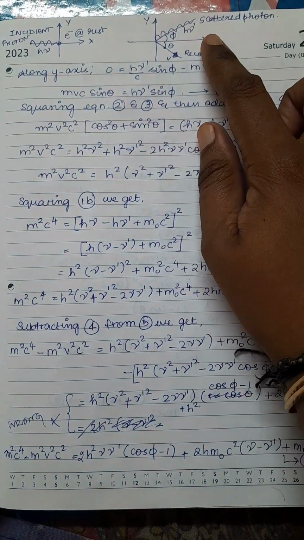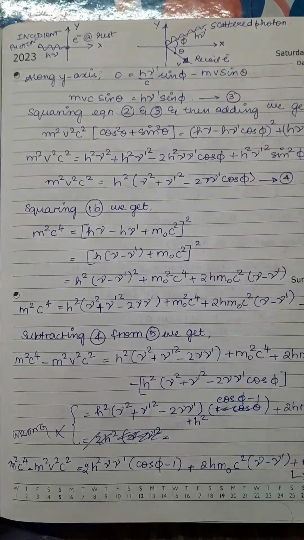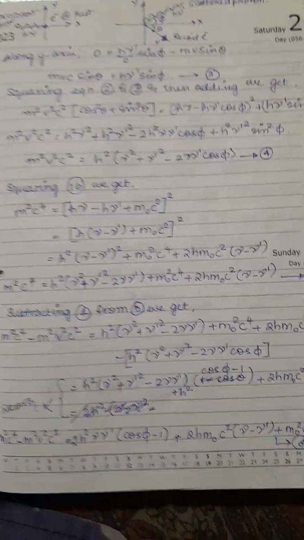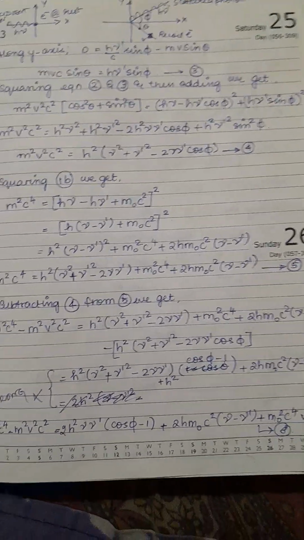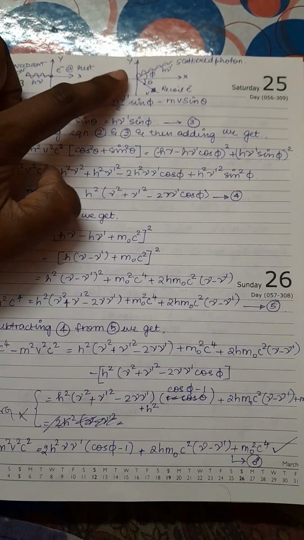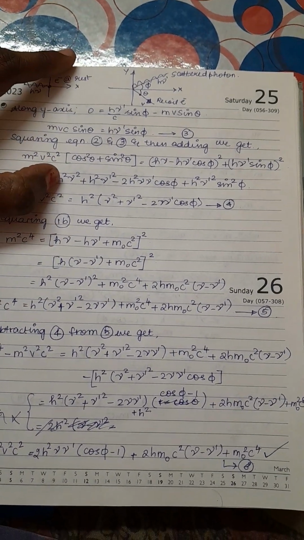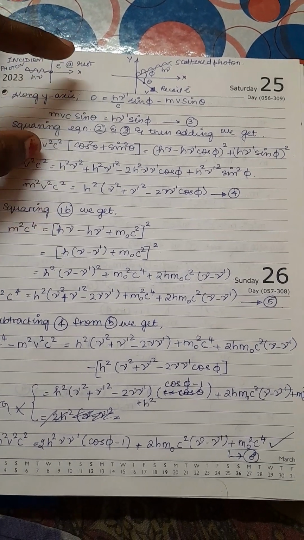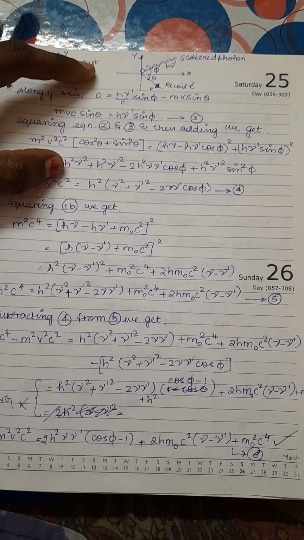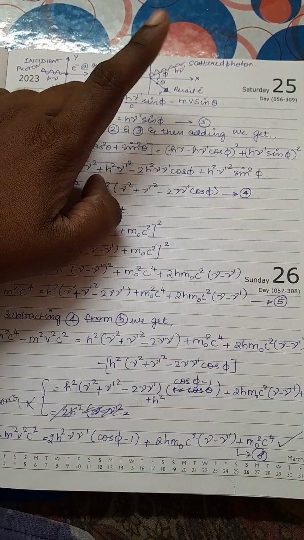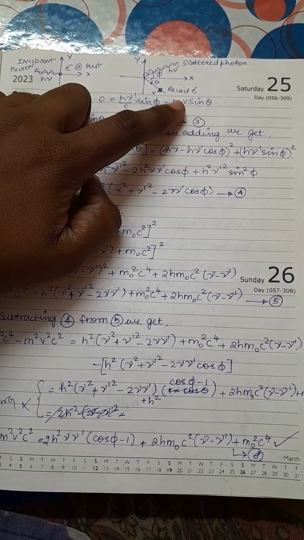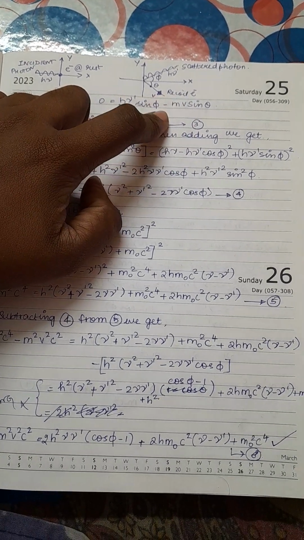So what will happen to the y-axis? As I discussed earlier, for the y-axis we will be considering the y component, which is nothing but the sine part. Okay, so what will happen here? The scattered photon will have the y component as h nu prime by c sine phi, whereas the electron will have mv sine theta. So how did the minus part come in?